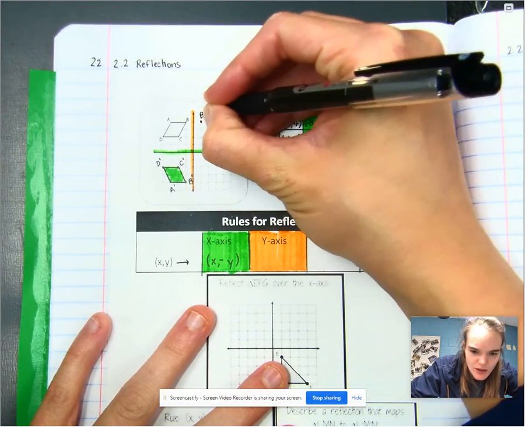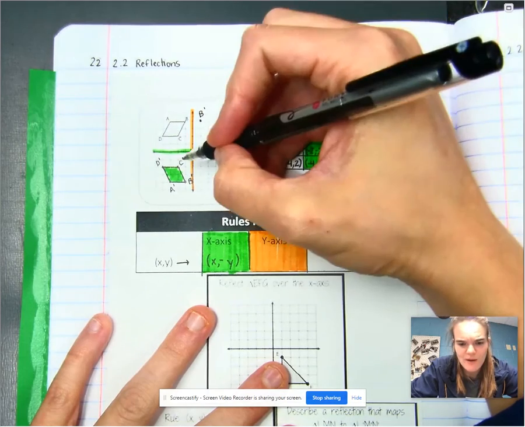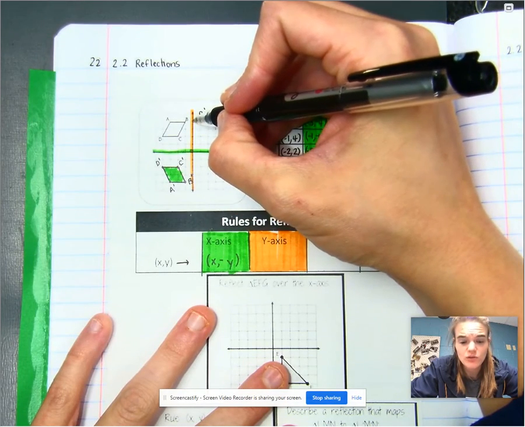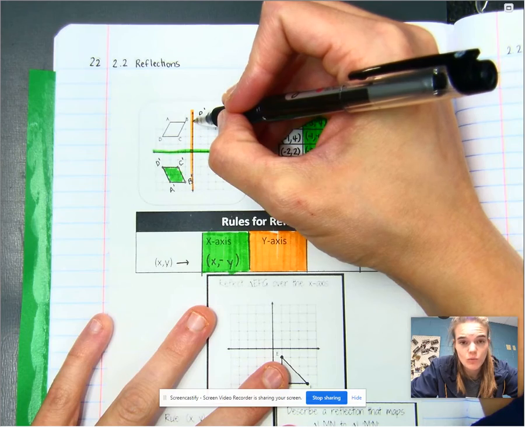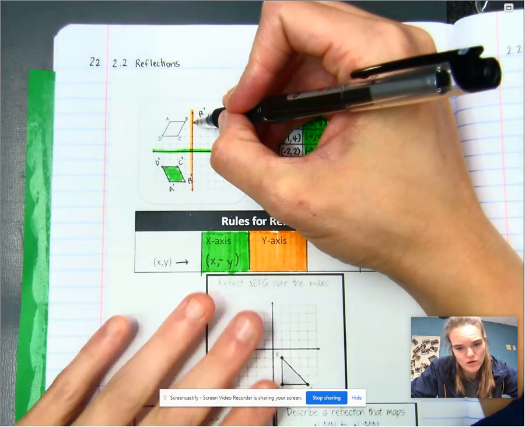The prime, in case you were confused about how I flip, remember I'm counting to the line I'm reflecting across.